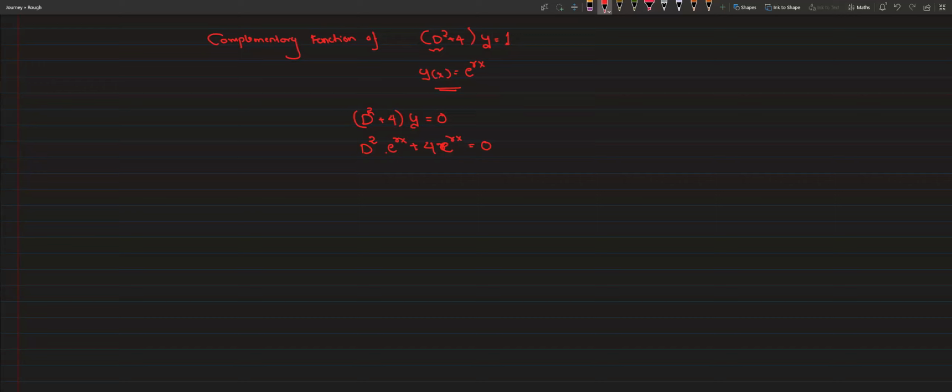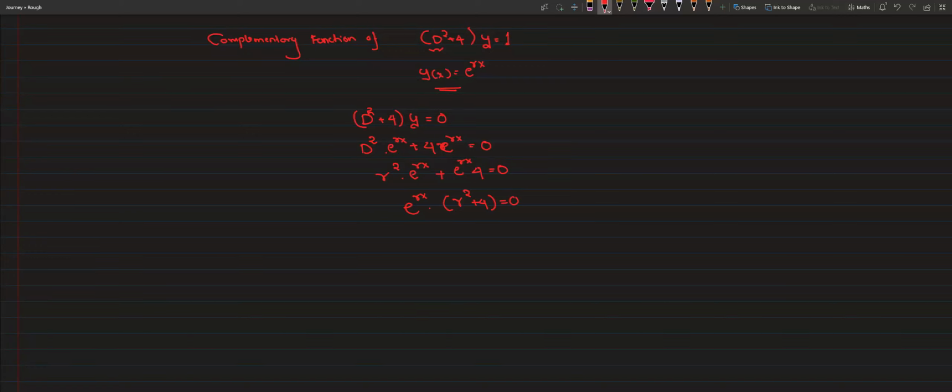Since we are double differentiating, this will become r square into e power rx plus e power rx into 4 equals 0. If you simplify this, it is e power rx into (r square plus 4) equals 0.